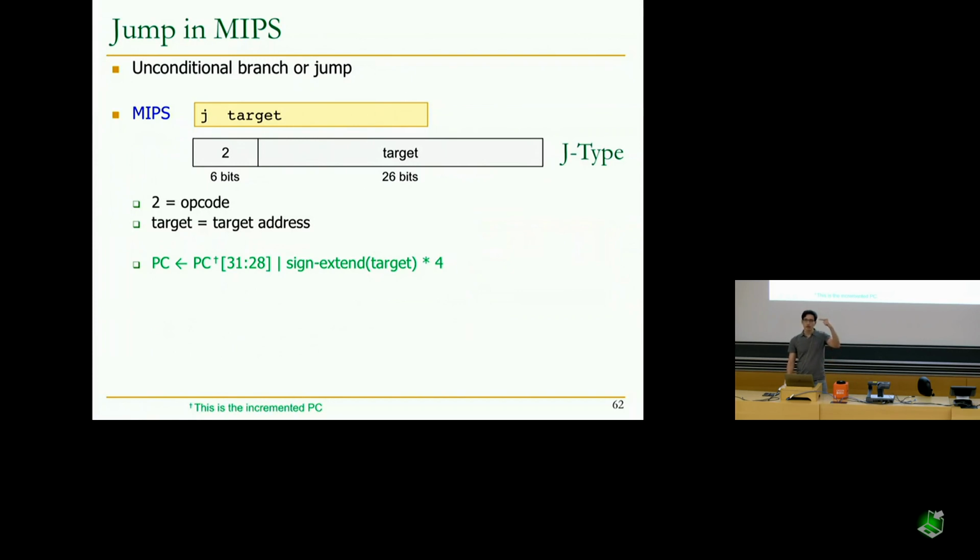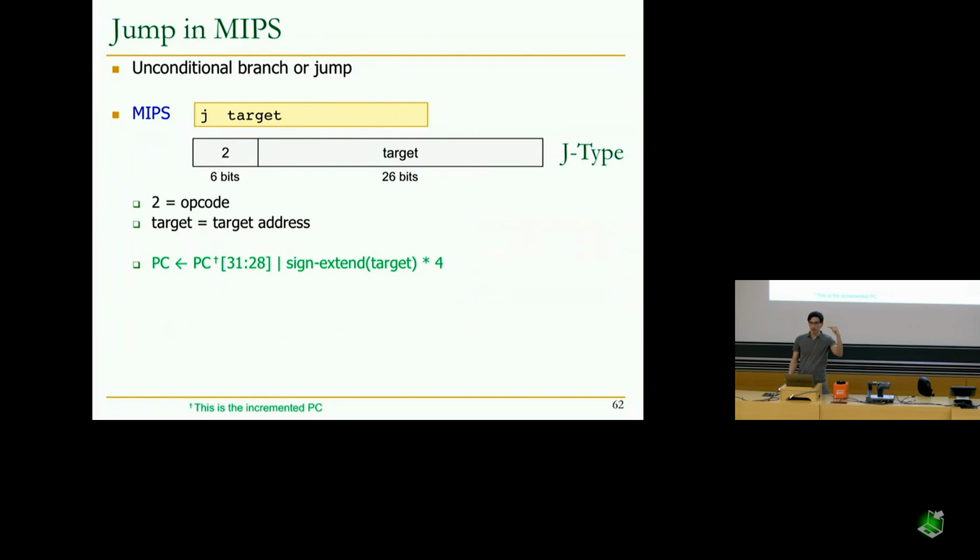The jump instruction is in a specific address in memory. Every time we fetch one instruction, we increment the PC, right? So in the fetch phase, we have already incremented the PC.